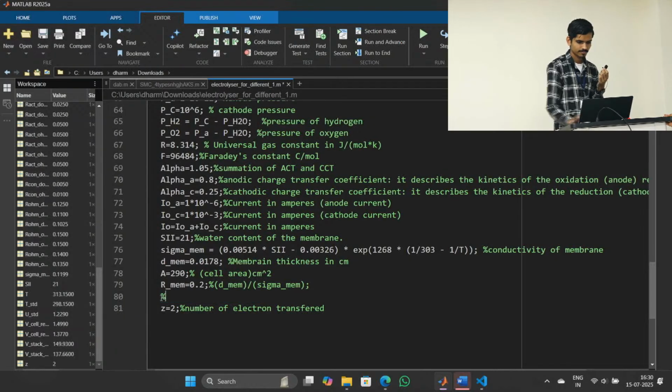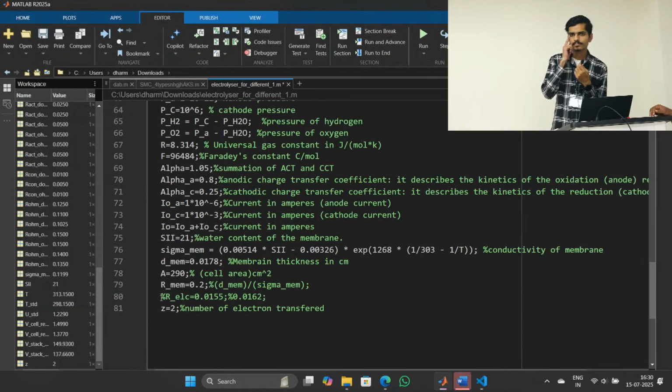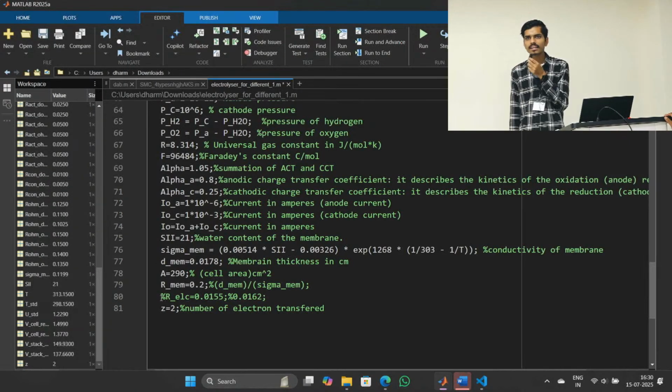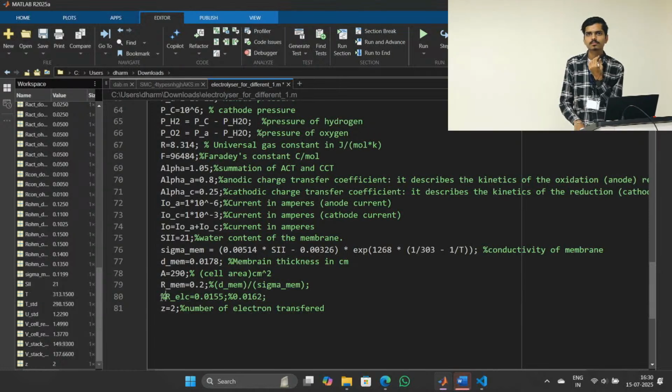Till when we are using, you keep that. So everyone .m file compiled? Basically, R electrical is for the R interface that we have neglected in the equations. Anybody facing issues in .m file?